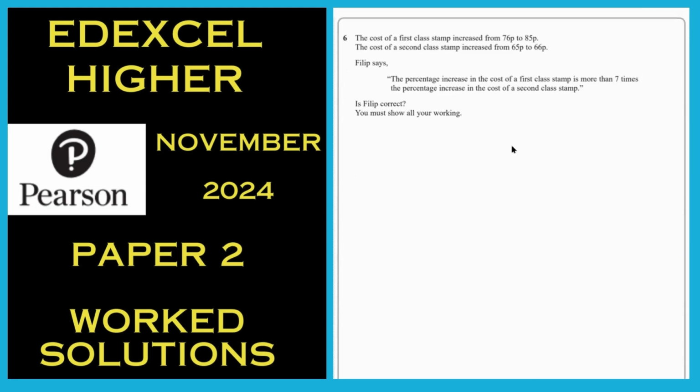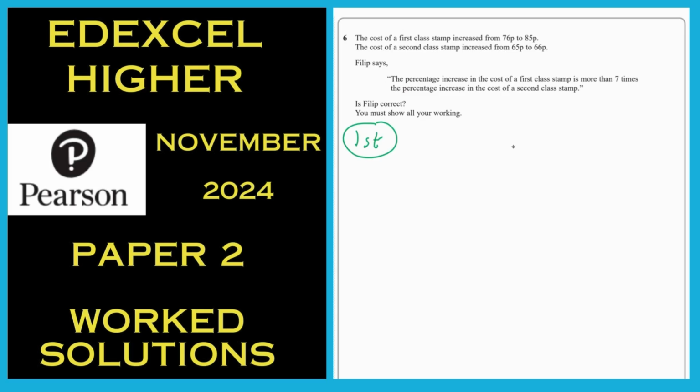On we go. Number 6, another one of them slightly wordy ones, one thing at a time. We've got the cost, first class stamp, etc., second class stamp, and so on. Philip says the percentage increase. Stop right there. Let's do the first class percentage increase.